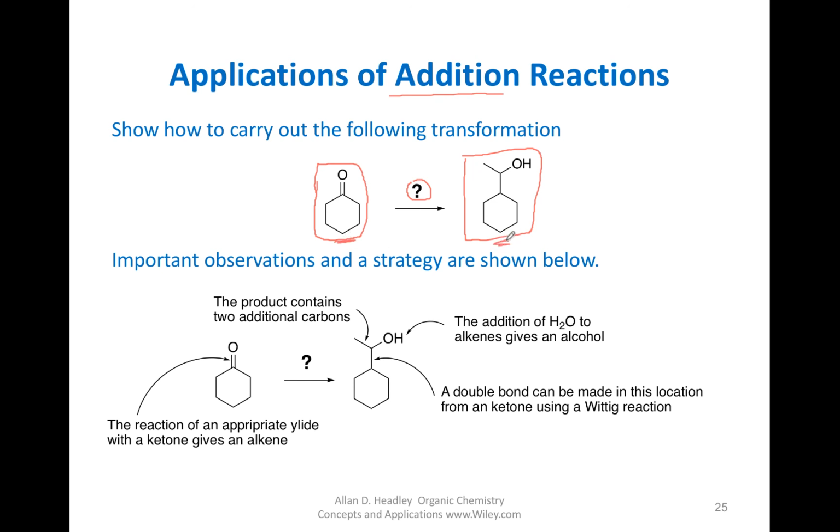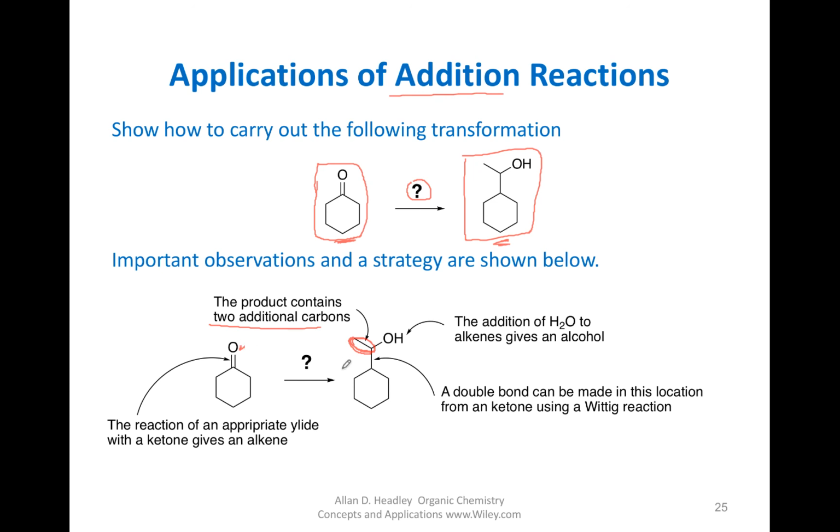Before you start writing any reactions, however, as a good chemist, a good scientist, you need to do the observations. The observations here are, number one, there are 2 additional carbons in the product that are not in the reactant. So we have to introduce 2 carbons. So one of the reactant molecules must contain two carbons.